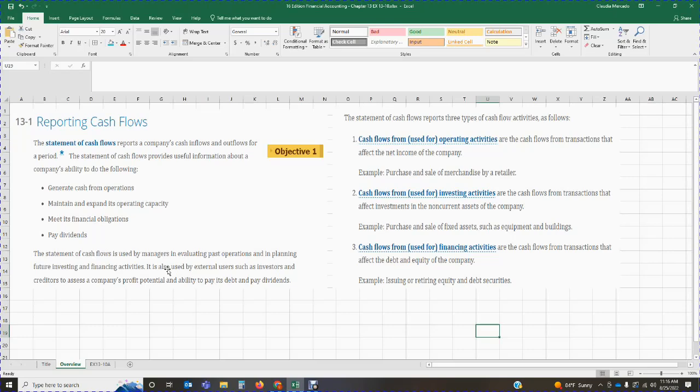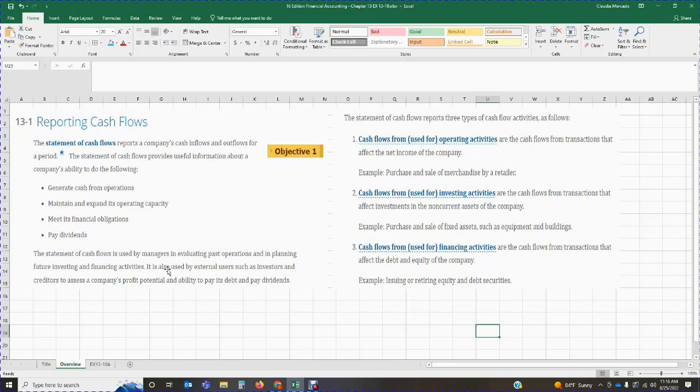Now, what is a statement of cash flows? So basically, a statement of cash flows reports a company's cash inflows and outflows. We are worried about transactions that affect cash, okay, for a specific period. Okay, the statement of cash flows provides information about a company's ability to do the following. There's four things.